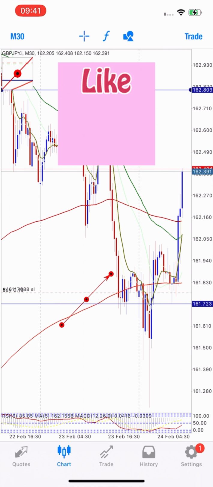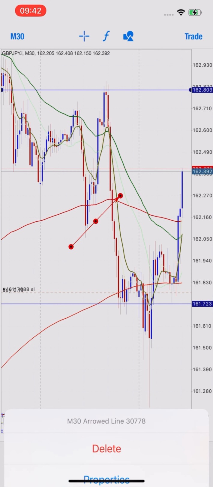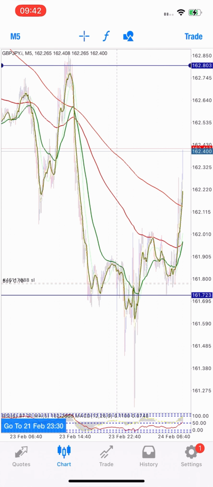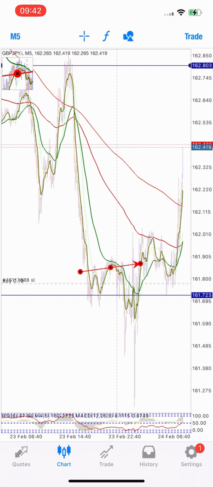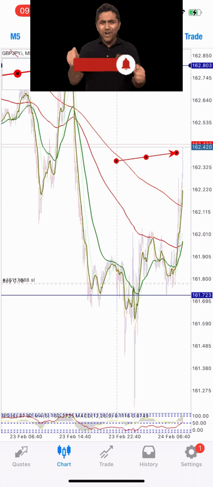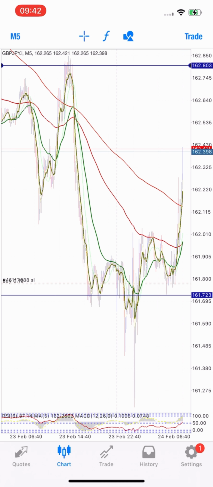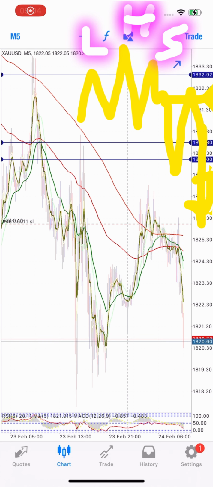So your own assignment is to identify where the pattern is. Once you identify where the pattern is, then you look for a possible take profit. Let's see 5 minutes. Do you see it's even clearer in 5 minutes now? Boom. This is another pattern here.